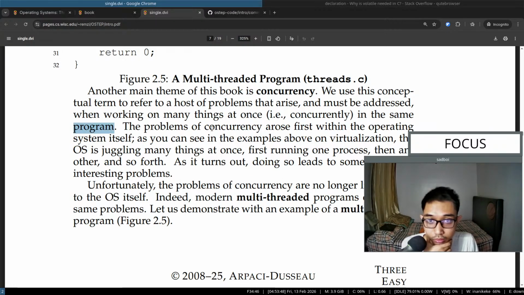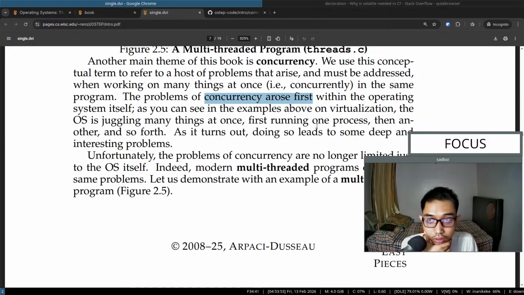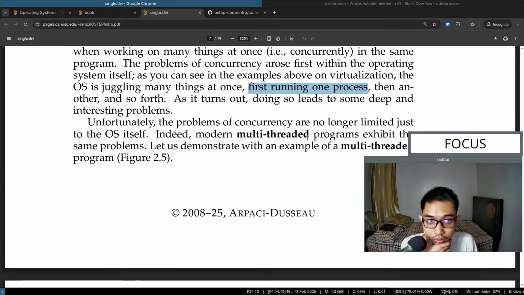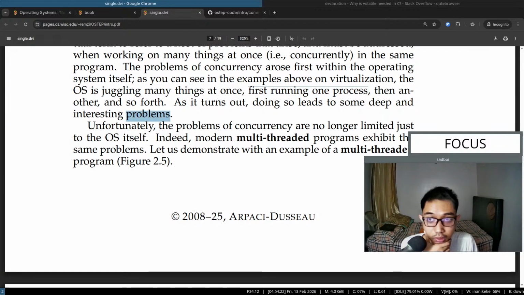The problem of concurrency arose first within the operating system itself. As you can see in the example above on virtualization, the operating system is juggling many things at once, first running one process, then another, and so forth. As it turns out, doing so led to some deep and interesting problems. Okay.